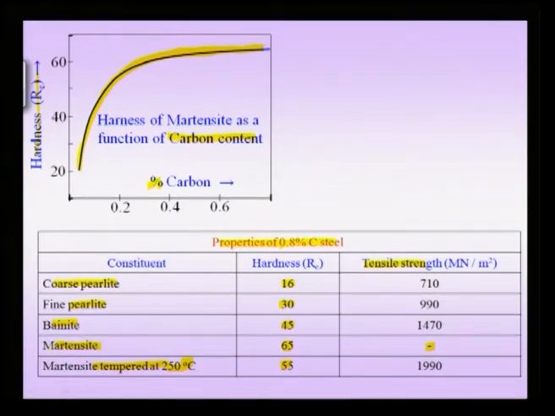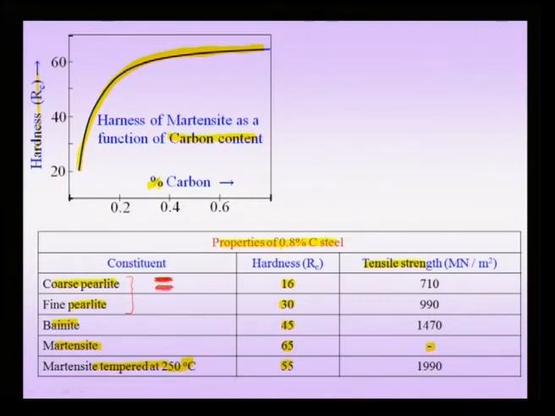Suppose I am comparing two kinds of pearlite, fine and coarse. Schematically I show coarse pearlite here, and on the other hand fine pearlite here. The hardness of these two and correspondingly the tensile strength etc. are different, because hardness and tensile strength are microstructure dependent properties.